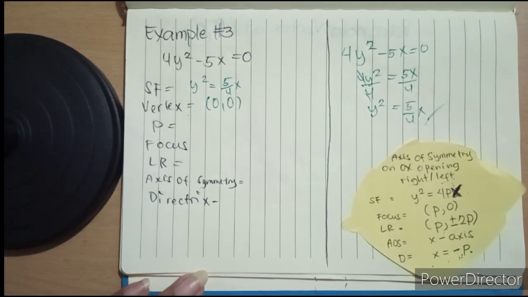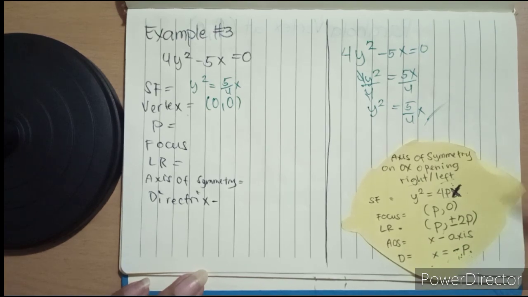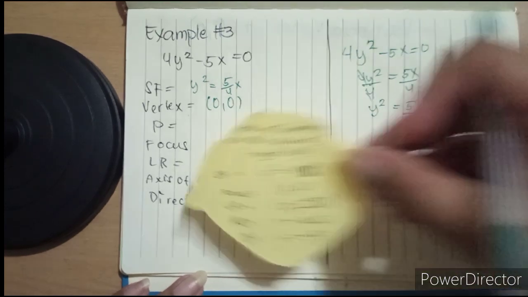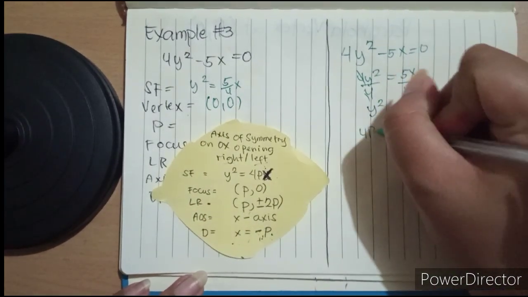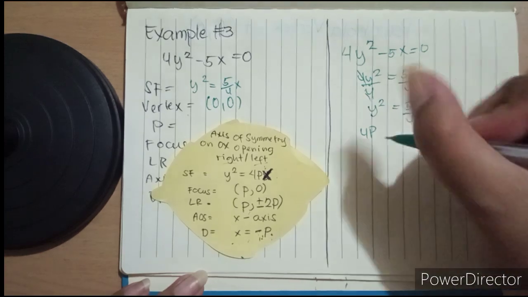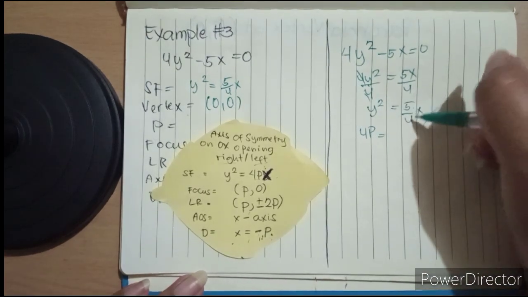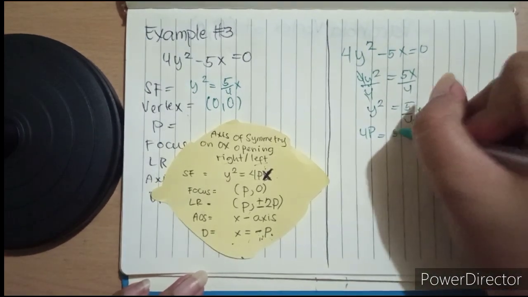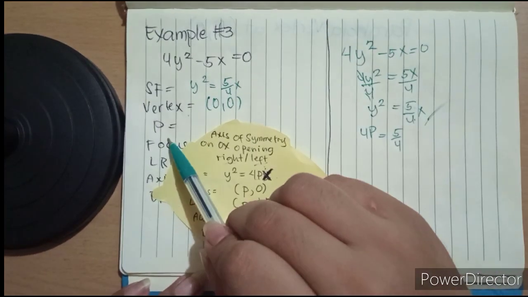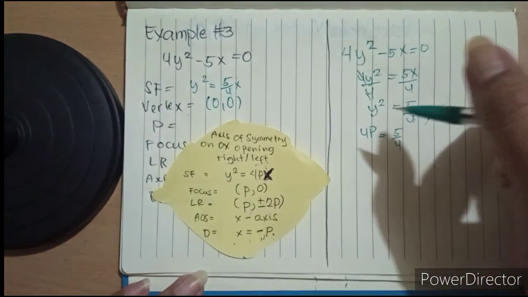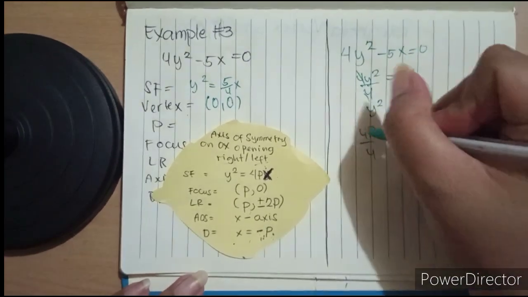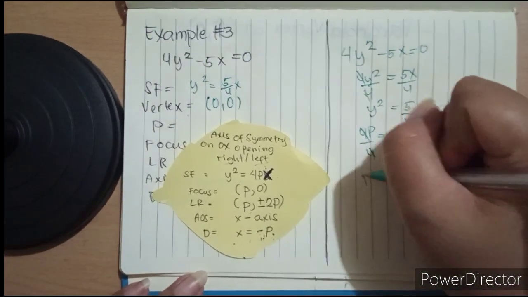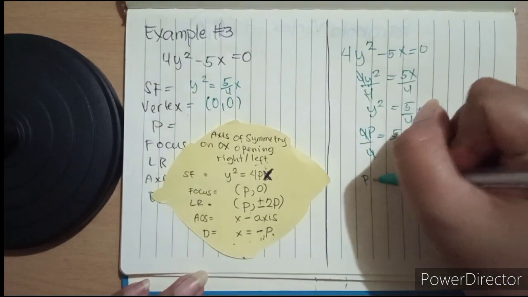And for the value of p, bago natin hanapin yung value ng p, hanapin natin muna si 4p. Yung 4p natin dito, ang location niya ay nasa 5/4. Since value lang ng p yung hahanapin natin, we need to divide both sides by 4 para ma-cancel si 4 doon at maiwan lang si p.